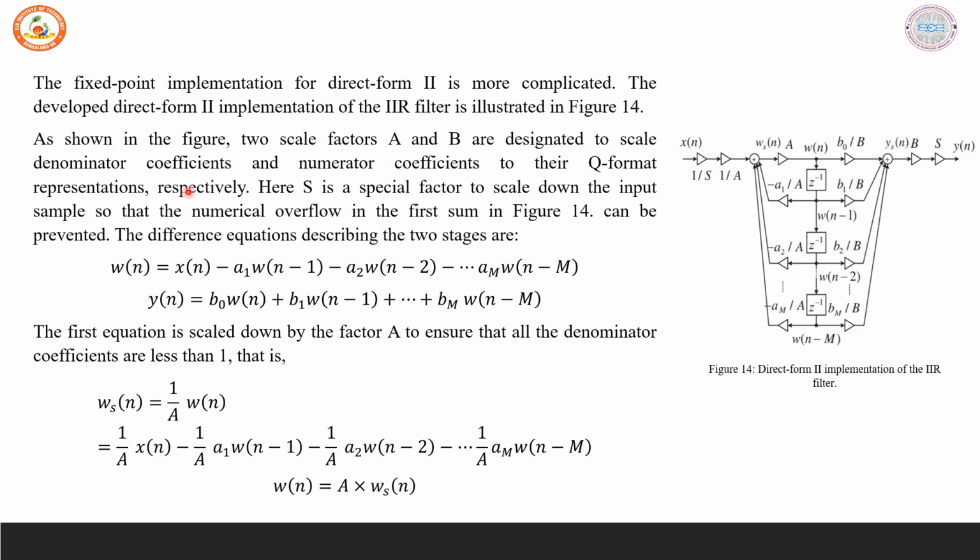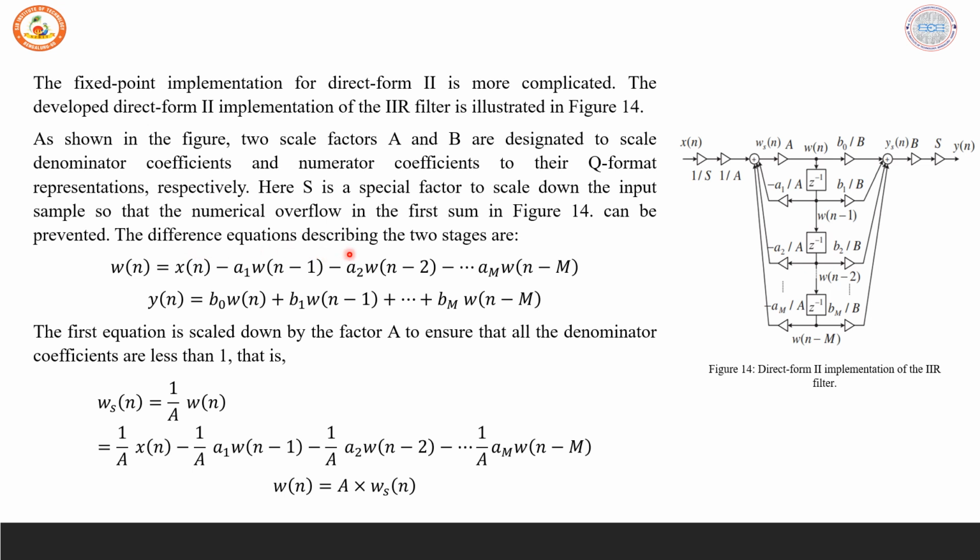These are designated to scale denominator coefficients and numerator coefficients to make it possible to represent them in the Q format respectively. Now capital S is the special scaling factor to scale down the input sample so that the numerical overflow in the first sum can be prevented.